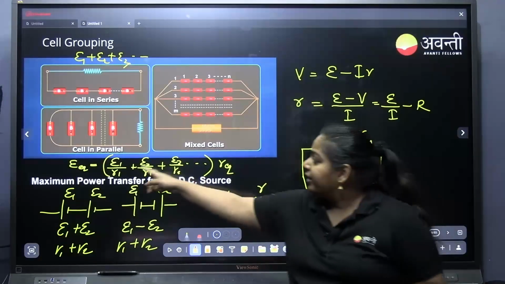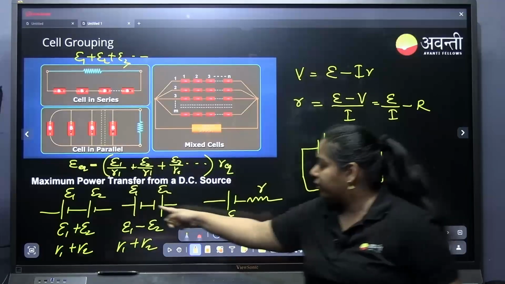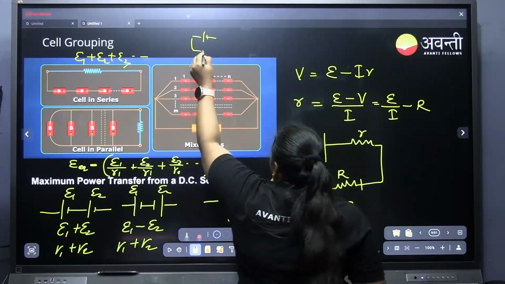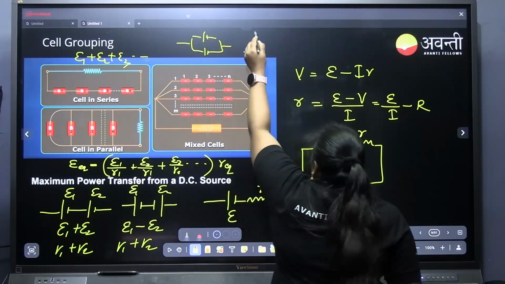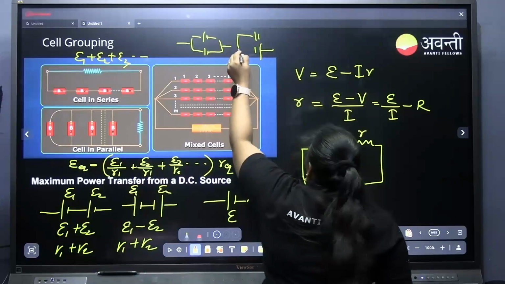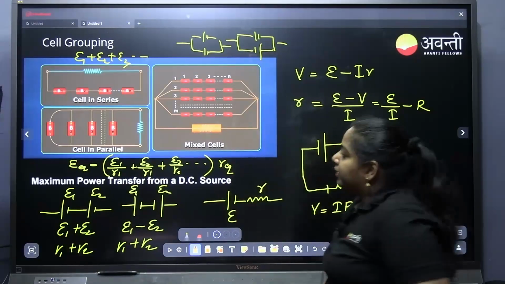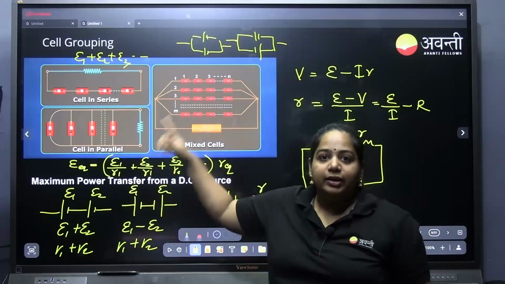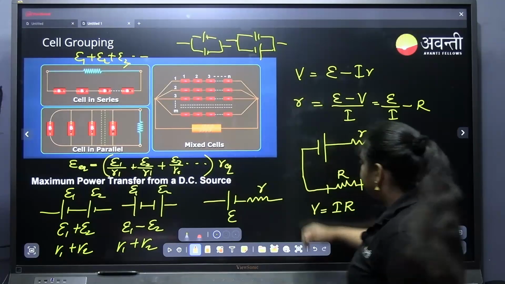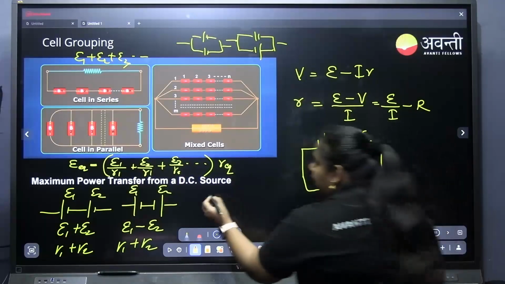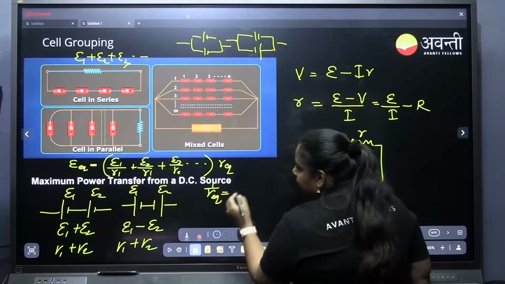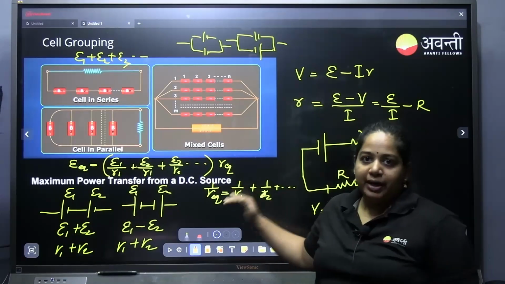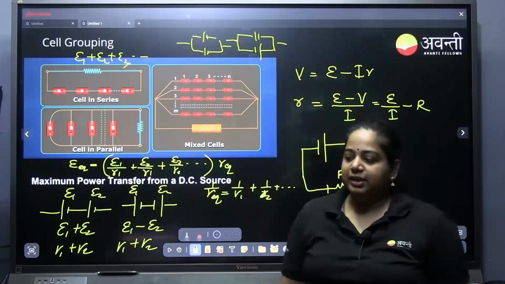Plus or minus between these terms will depend on the connection, how negative and positive are connected. This connection can be possible and this connection can also be possible, so it depends on this whether to add or subtract. And R equivalent we will find as if all internal resistances are connected in parallel. So, 1 by R equivalent equals 1 by R1 plus 1 by R2 plus, etc. We find R equivalent like a parallel connection, then substitute. Is that clear for all?